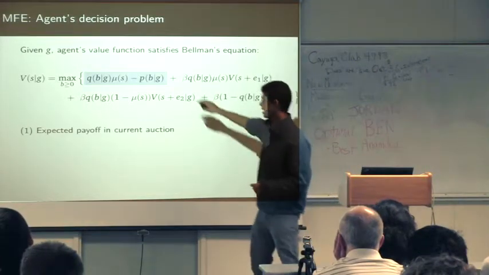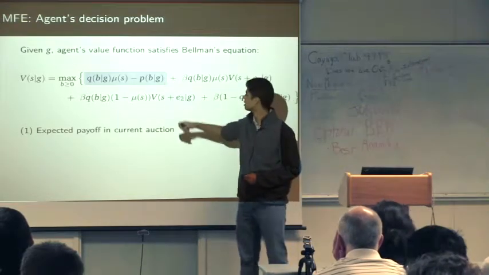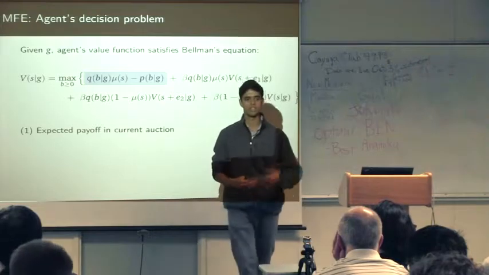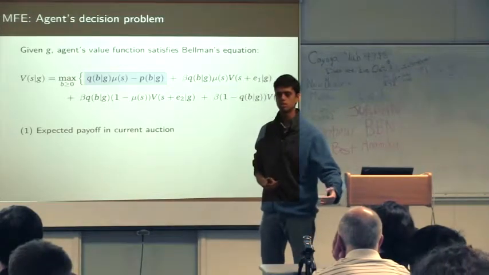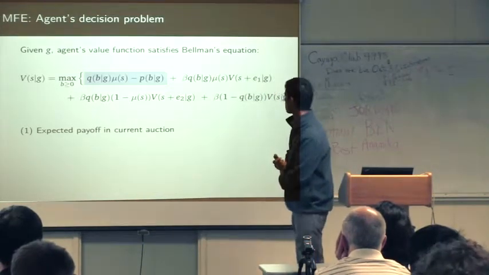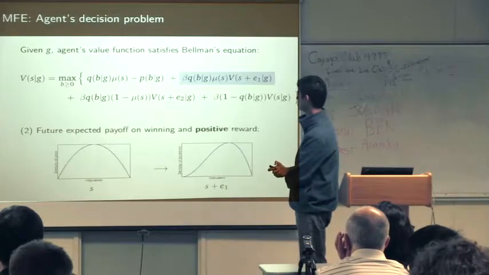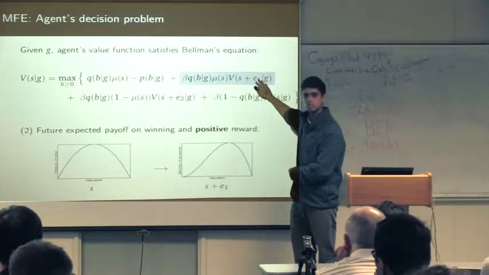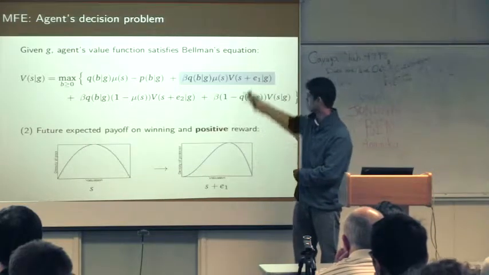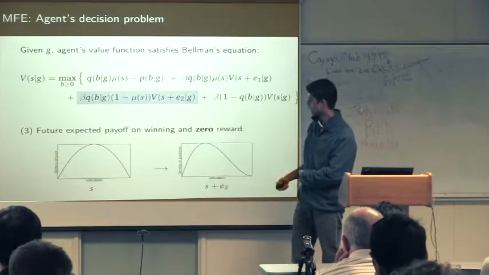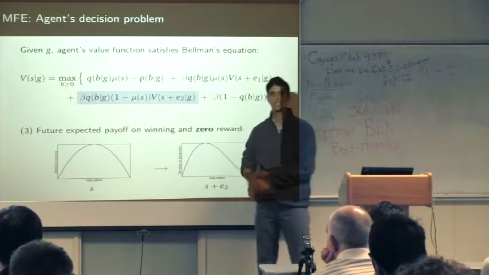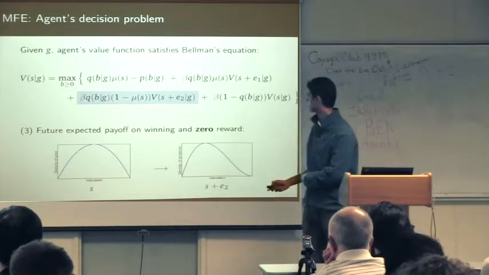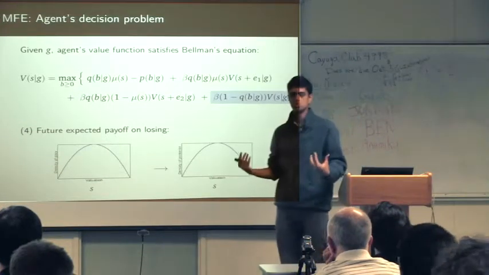This is the expected payoff in the current auction, and all the other terms have this quantity beta, which is the probability of survival for one more period, the geometric parameter. This is your future expected payoff on winning and getting a positive reward. This is where you win the auction but get 0 reward, so no conversion happens. And this is the probability with which you don't win.